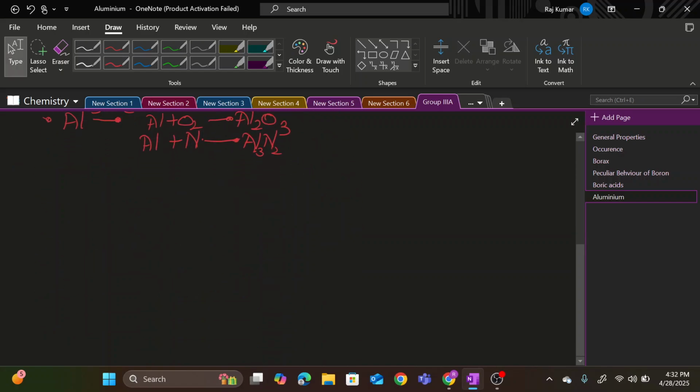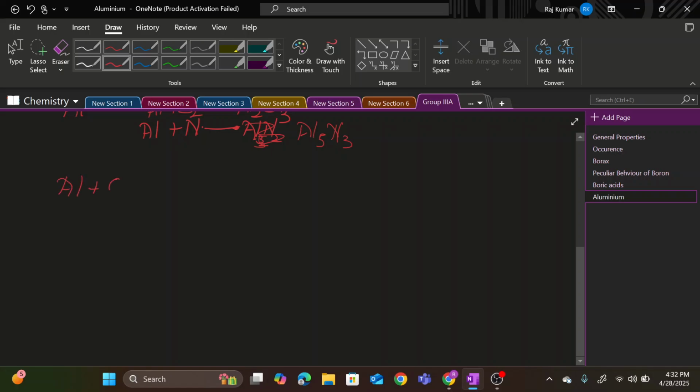And another important thing that needs to be considered over here is that aluminum reacts with halogens to form halides, such as aluminum chloride.